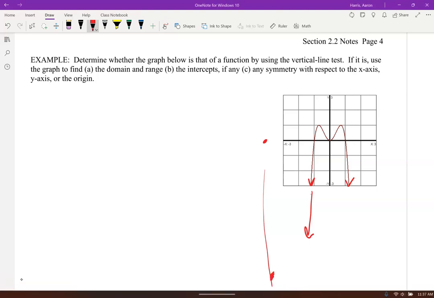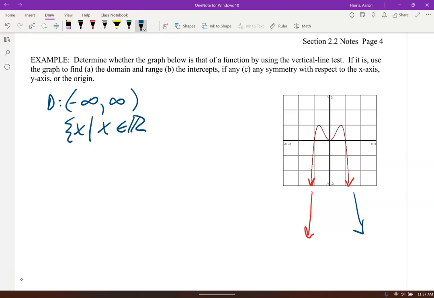It's just way, way down there. So it keeps going left. So this domain is coming from -infinity because it keeps going left, and that thing just keeps going right very slowly, but it does keep going right. So it's all real x, such that x is an element of the real numbers.